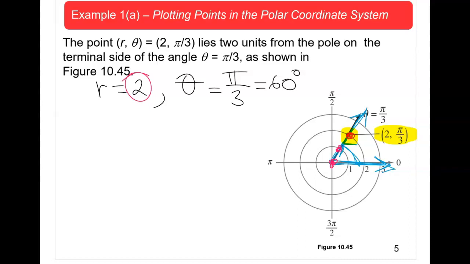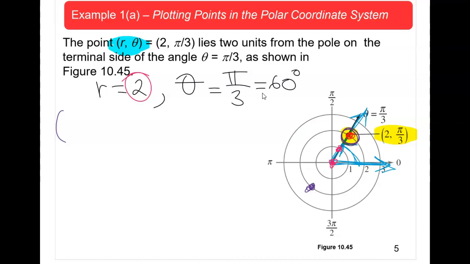Now, it's important to notice that some points may have, for example, a negative radius. That is possible, or they may have a negative angle. So another way for me to represent this point could be, let's say, if I want the point to be here initially, but then I want it to be located where the previous one was, the one highlighted.